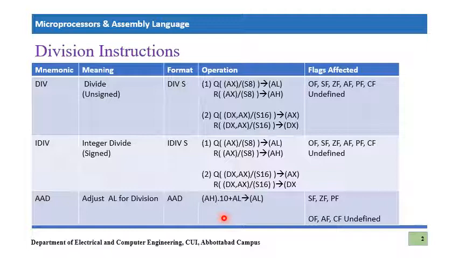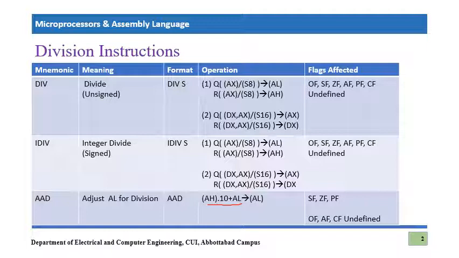The procedure is very simple. We will multiply our AH register by 10, and then add our AL part. That is the procedure you see in that specific slide for the AAD command.